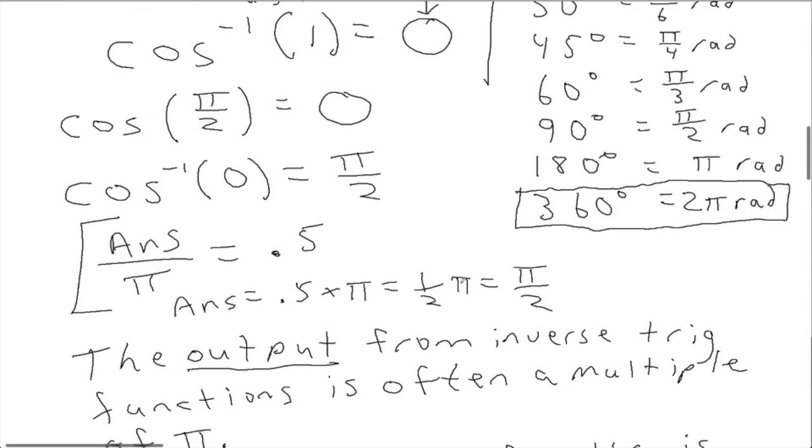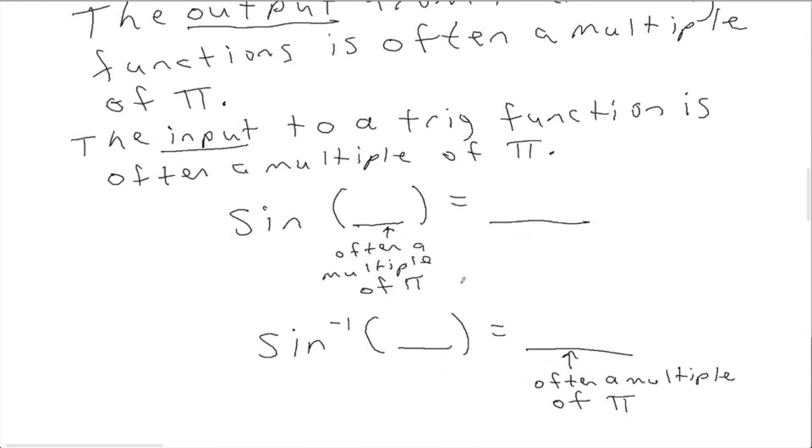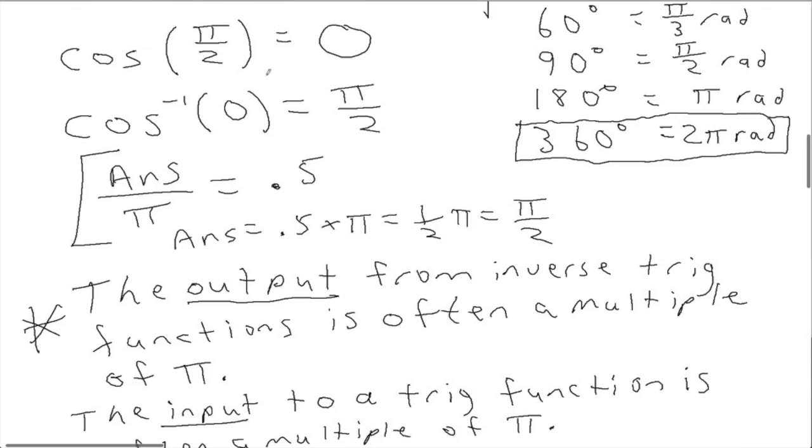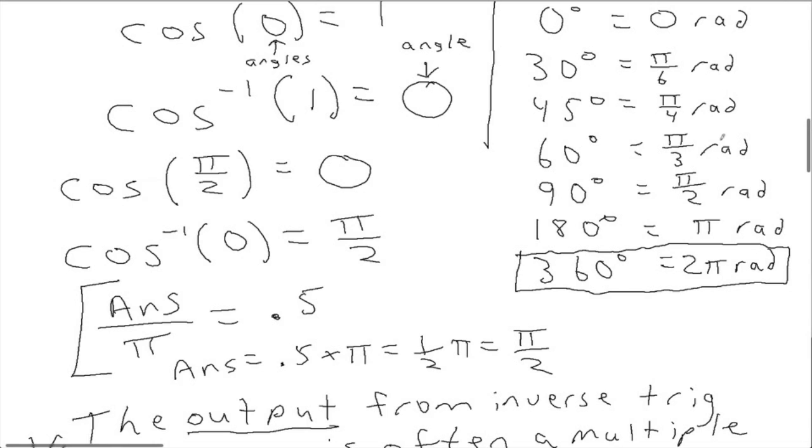Okay, all right, so this right here is the main point I wanted to make. The output from inverse trig functions is often a multiple of pi, so you can get an exact answer on your calculator by dividing your answer by pi, is my point. So that's the main point. This here, I was just trying to give you some background into why it's a multiple of pi.